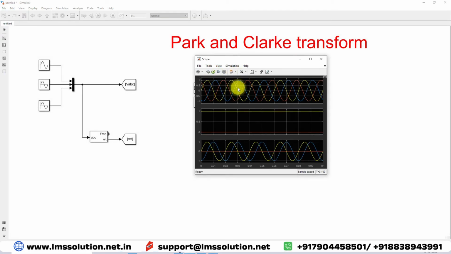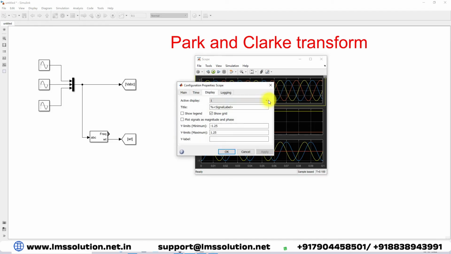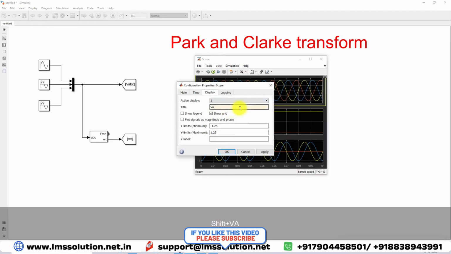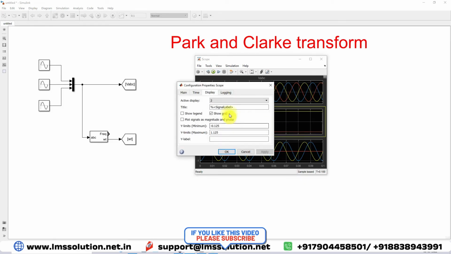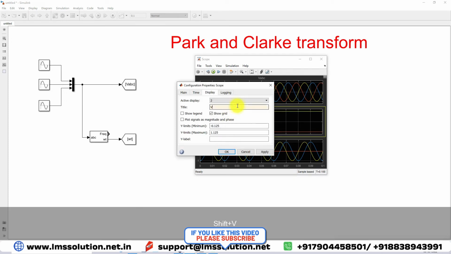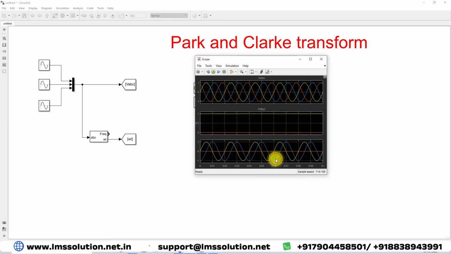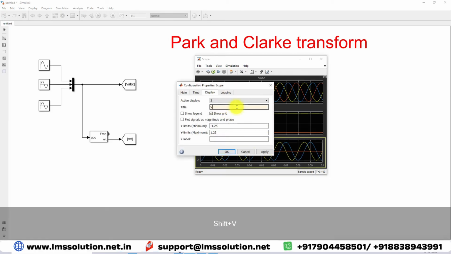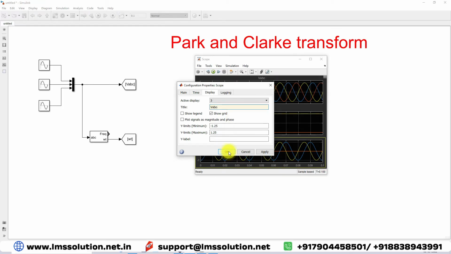Now consider this as the three-phase input, and this is the output of dq. I'm going to change the labels: VABC, then VDQ0, and this is V alpha beta 0.